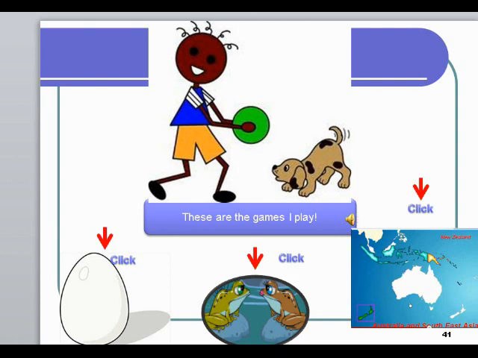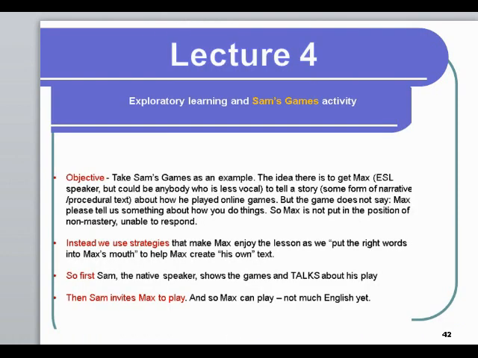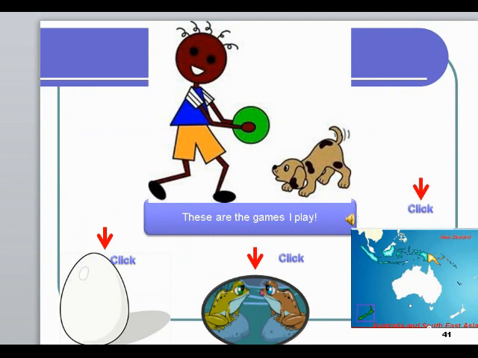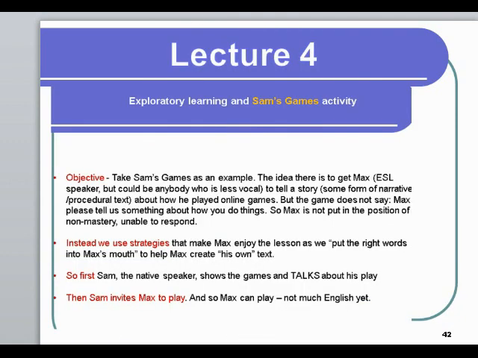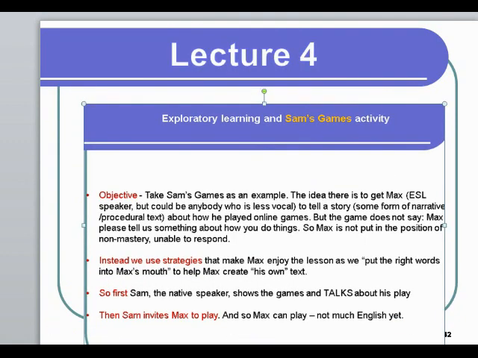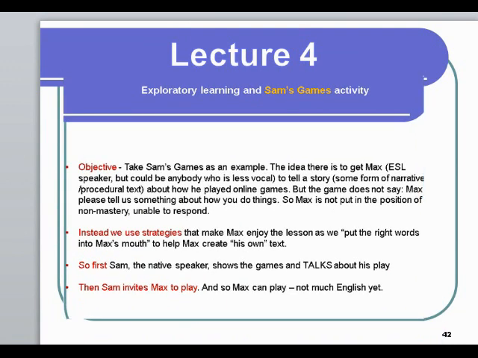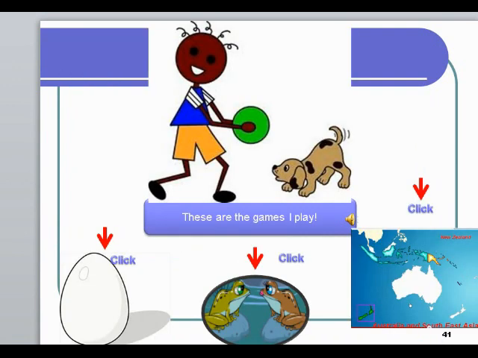So I have presented you with an activity which had multiple levels, and in lecture 4 you will find a summary of it, but it's online. I just copied that from the online PowerPoint I've given to you. So what Sam did, Sam's activity is not just forcing people to talk, right?